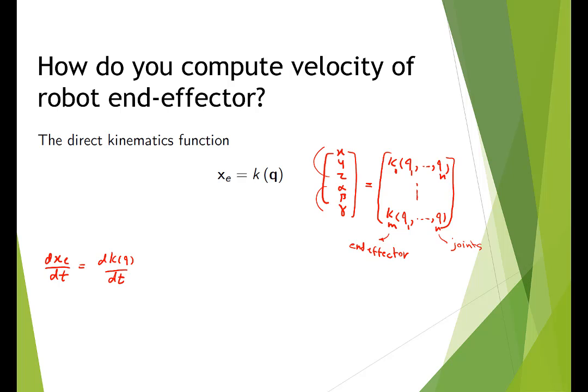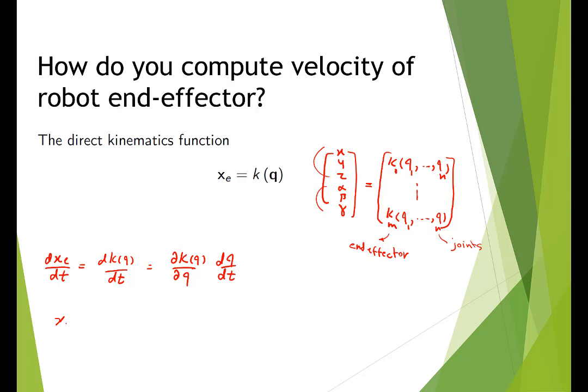Using the chain rule of differentiation, we can expand the term on the left, the term on the right as basically the partial derivative of forward kinematics with respect to the joint variables times the derivative of joint variables with respect to time.